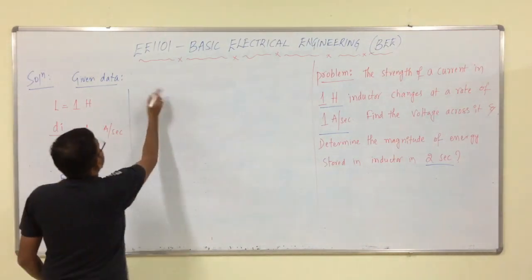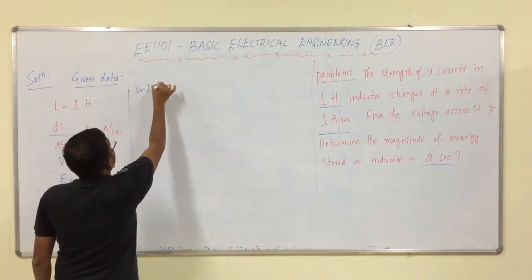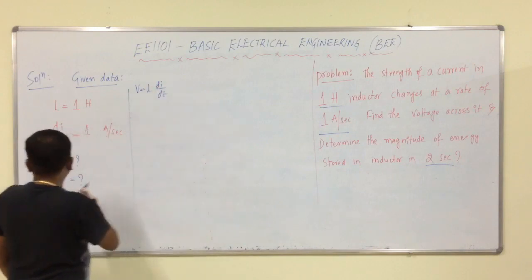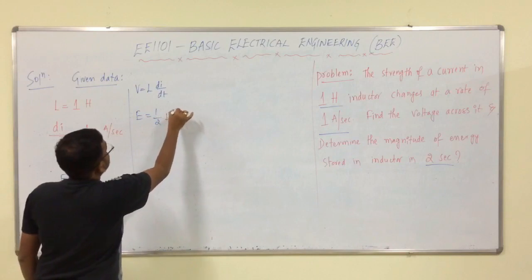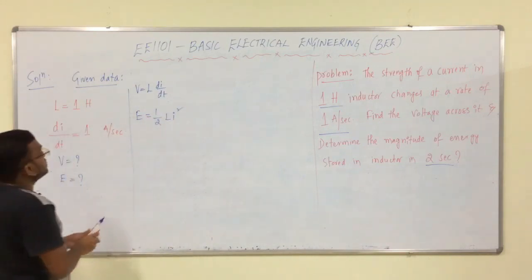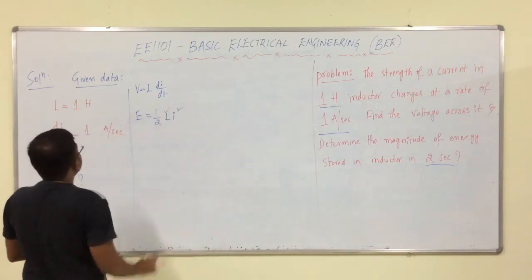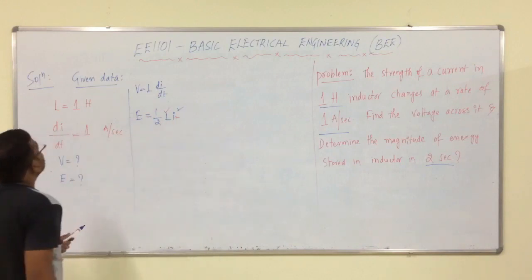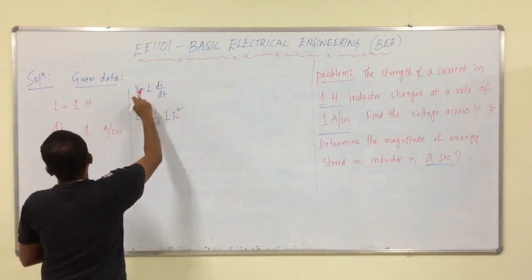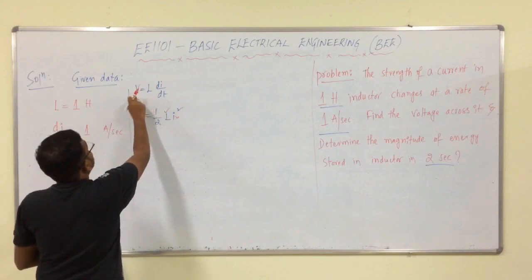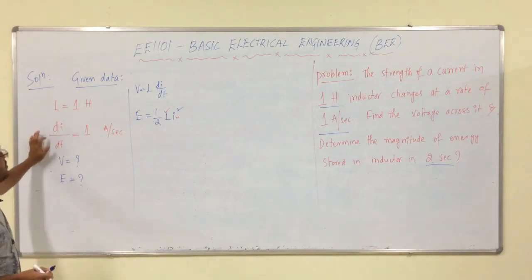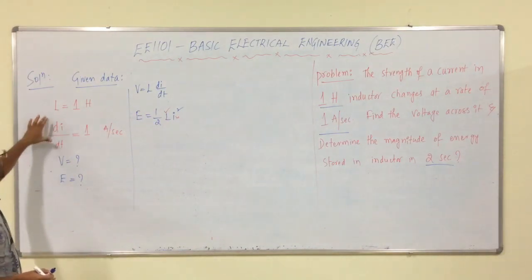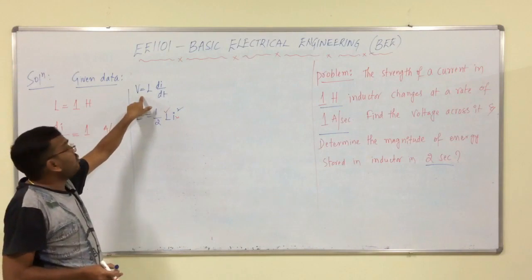We know the formulas, that is V is equal to L into di by dt, and we want energy, half L i square. We know the value of L, but we don't know this current. Only we have the inductance and the rate of change of current. From these two, by using this equation, we are going to get the voltage.